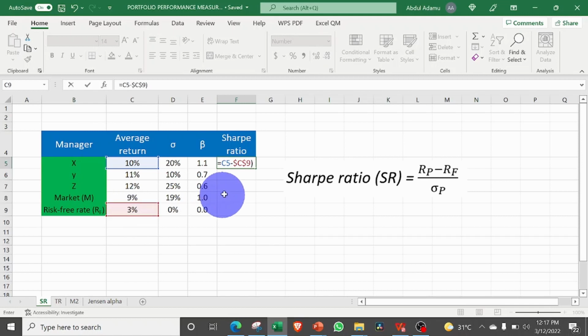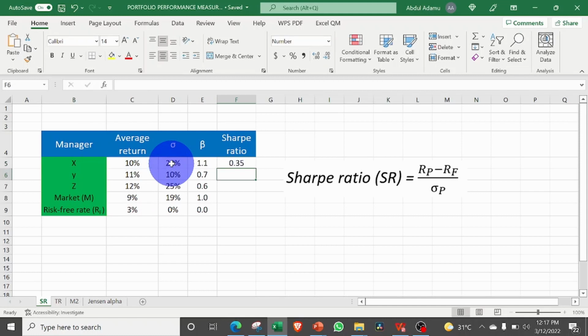We put brackets, then divide by the standard deviation, enter, that is 0.35. We copy it down. Those are the values that we got earlier. So this is how we compute Sharpe ratio, and that is how we interpret it.